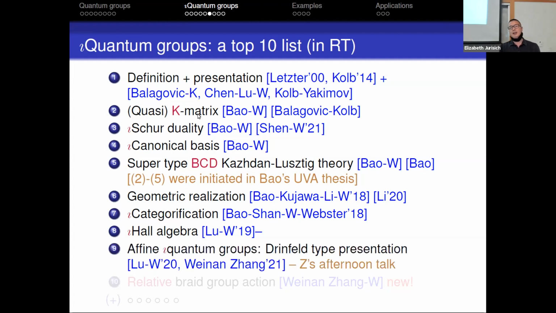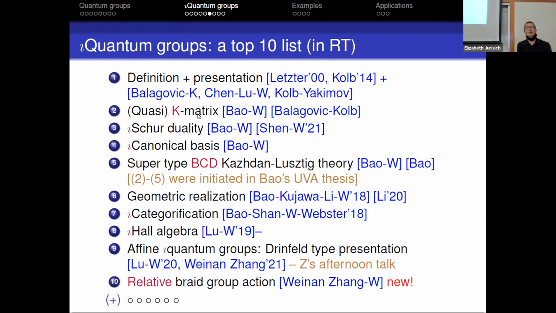Then there's affine iQuantum group. And Weinan Zhang, my other student, will give a presentation this afternoon. I think you might hear more about this. And again, the answer, once you formulate it right, is completely natural. But it takes work. This is something coming soon.